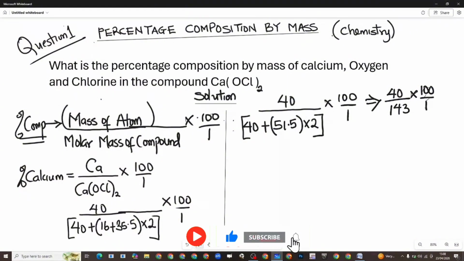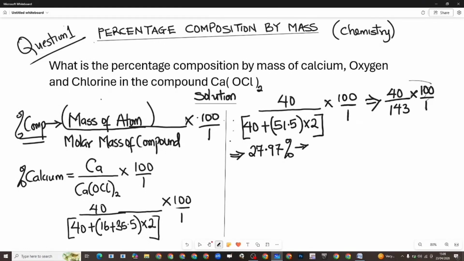So if you do the math, 40 times 100 divided by 143, we're going to have 27.97. This is the percentage composition of calcium.